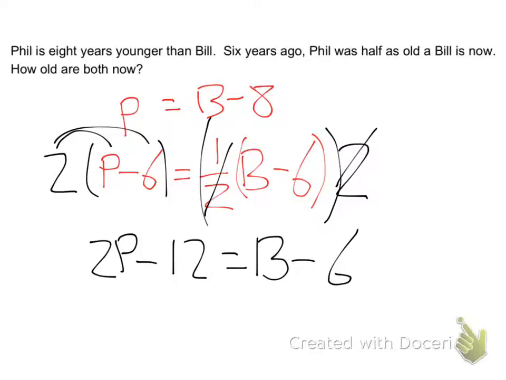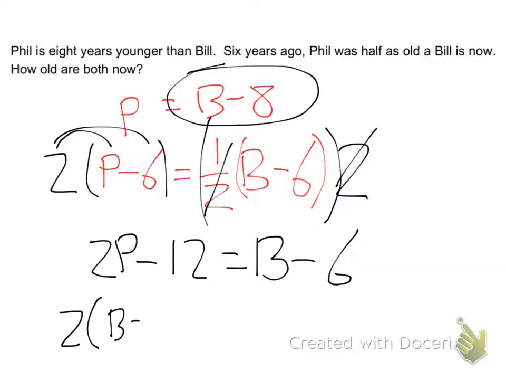Now, hey guys, we did elimination last time. Let's do substitution. I want to put this in for P. So 2 times B minus 8 minus 12 is equal to B minus 6. And I'm really going to run out of room. Nope.